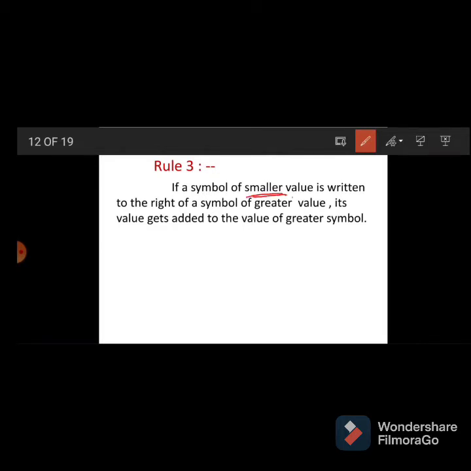Here, any symbol written with greater value, and any symbol written on the right side with smaller value, then the value gets added. V denotes 5 and I denotes 1, so VI's value will be 6. Means a smaller value symbol is written to the right of the greater value, then they are both added.